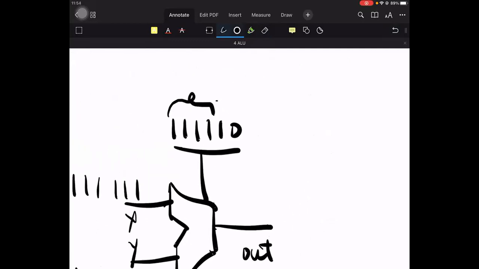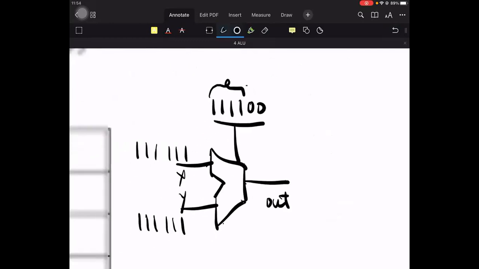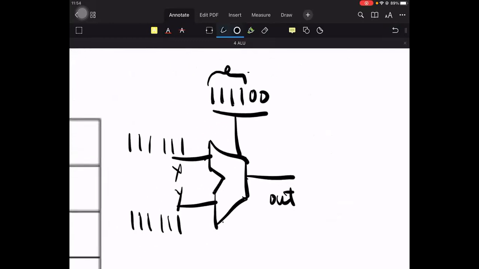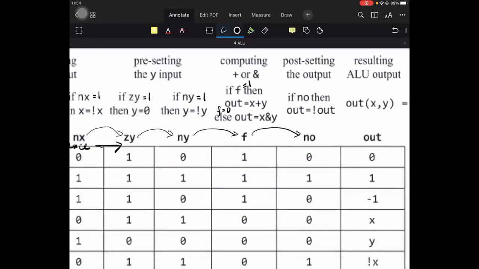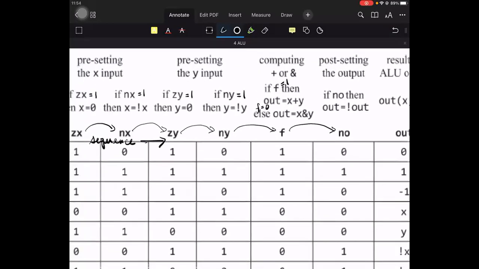But if the opcode is 0, after presetting X and Y, it's as if there's an AND gate. It ANDs X and Y. So computing either a sum or an AND function.